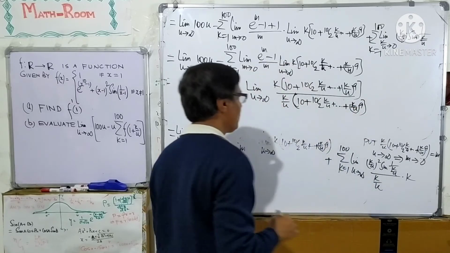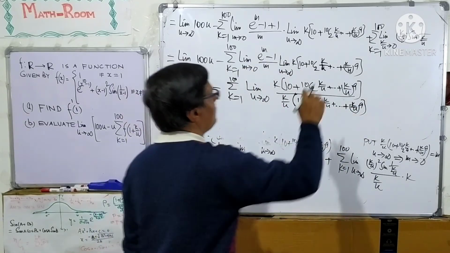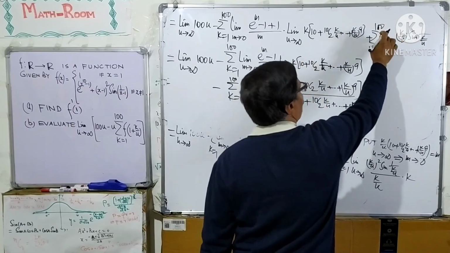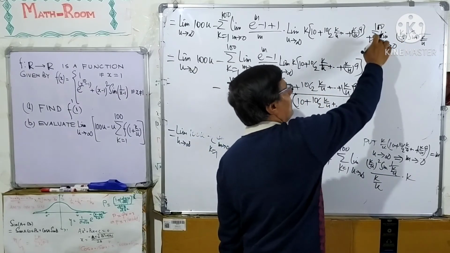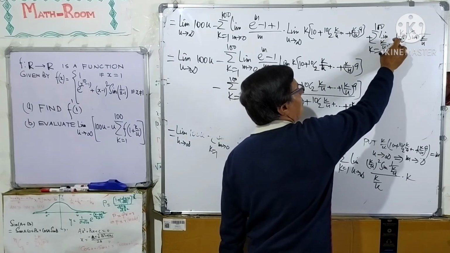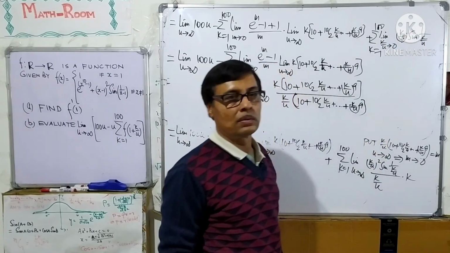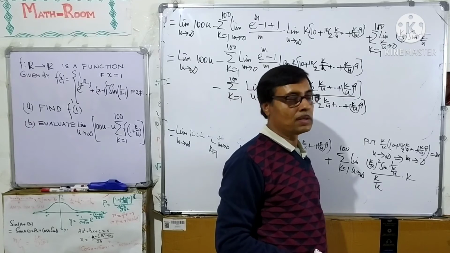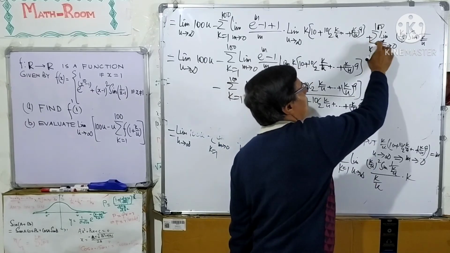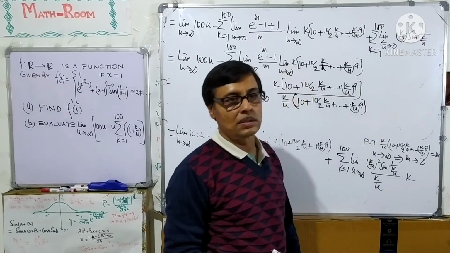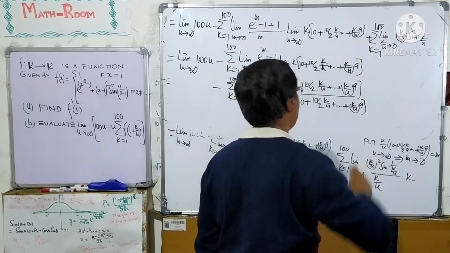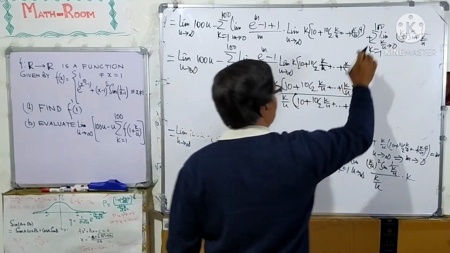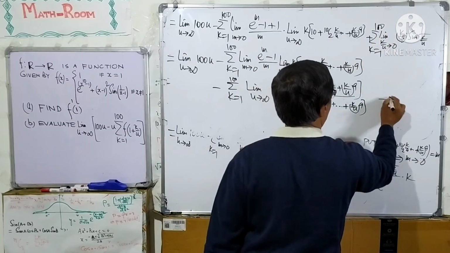This is this limit, and also this limit is 0 because the limit as x tends to 0, x is k over u, that is x tends to 0, x sine 1 over x, the limit as x tends to 0 of x sine 1 over x is 0, it is well known to us. This limit is 0, is well known to us. So, this value is 0 plus 0.